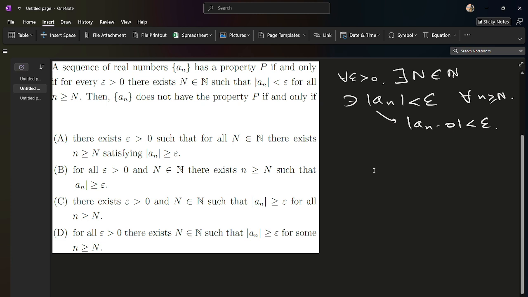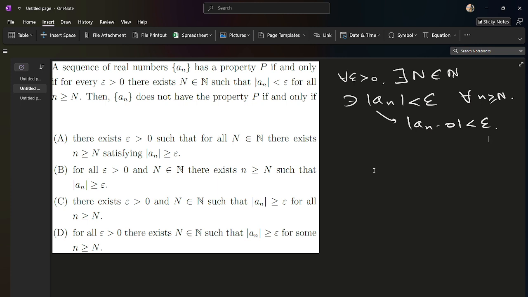The negation of property P means that the sequence does not satisfy the condition, in logical terms negating this given statement.